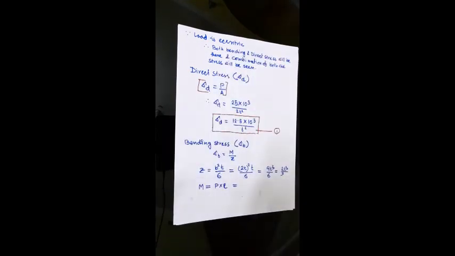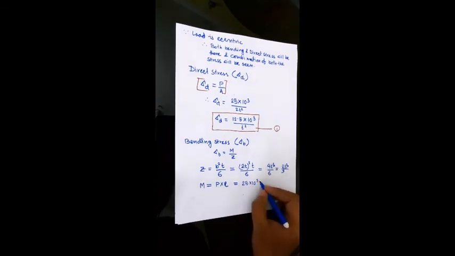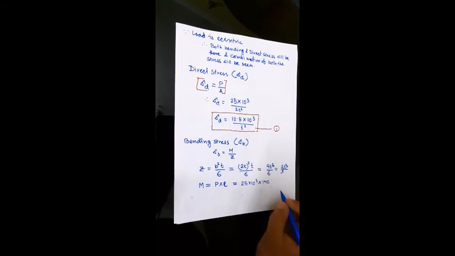The value will be P into eccentricity. P is our value, and that P value is nothing but 25 into 10 to the power 3, and eccentricity value is 140 mm.